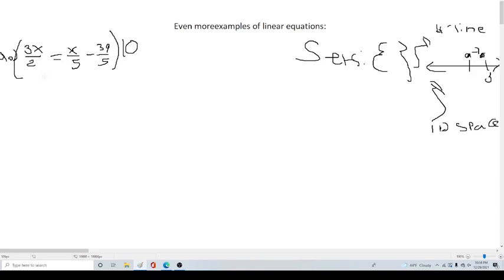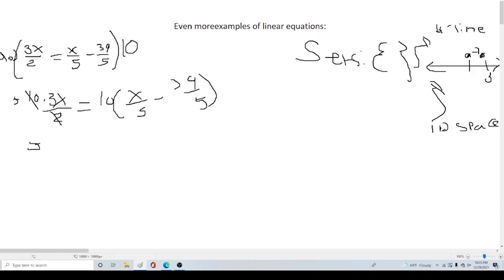On this side, that'll just give us 10 times 3x over 2. It'll be equal to 10 times the quantity of x over 5 minus 39 over 5. On this side, the 10 cancels out with the 2, and it becomes 5, so that's 5x.